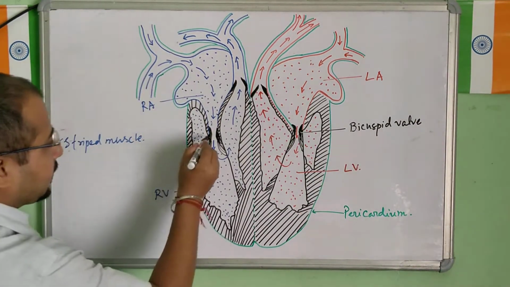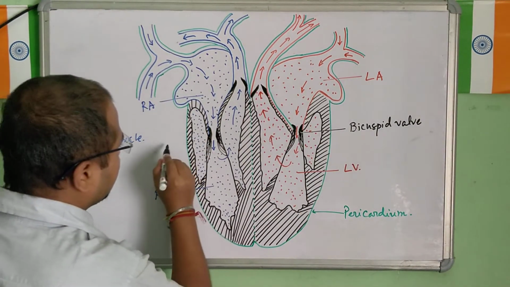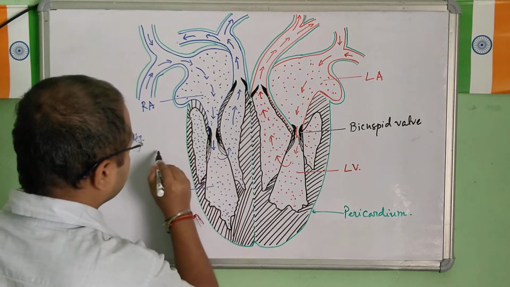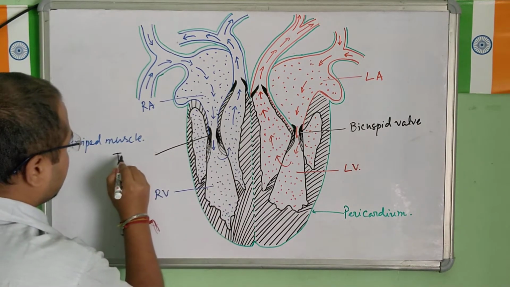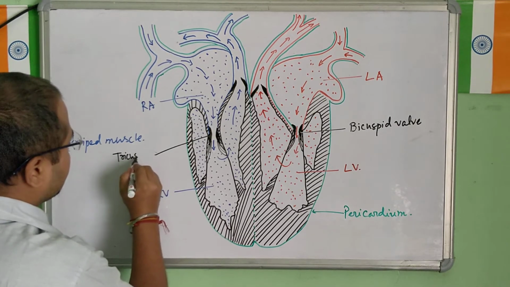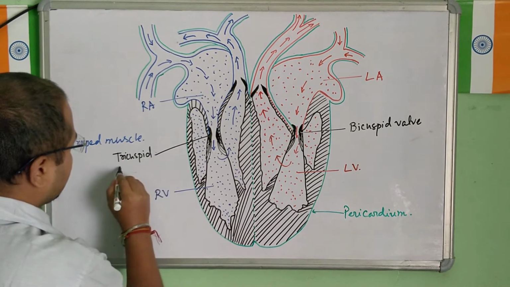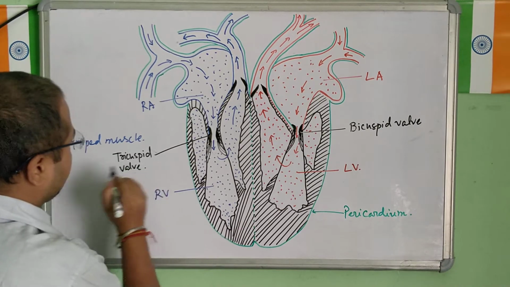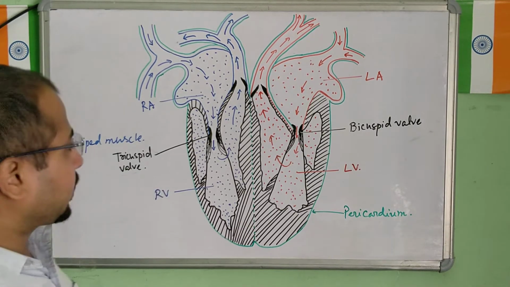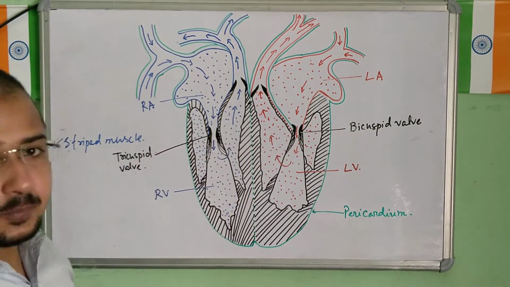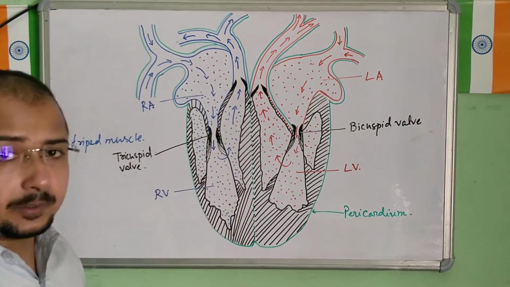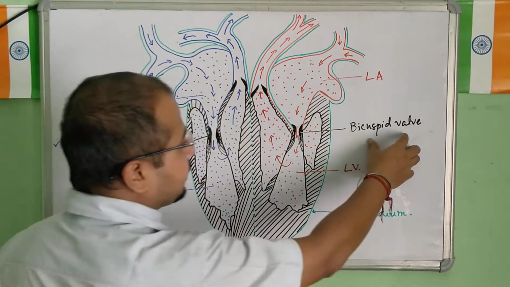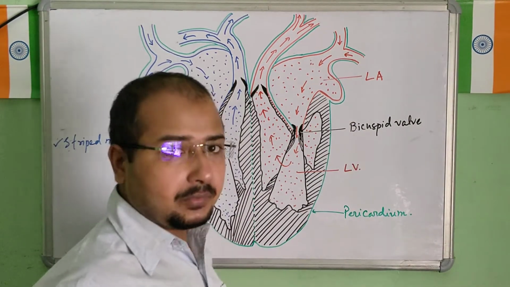And this one here is the tricuspid valve. Tricuspid valves are present in between the right atrium and right ventricle. The bicuspid valve is also known as the mitral valve.